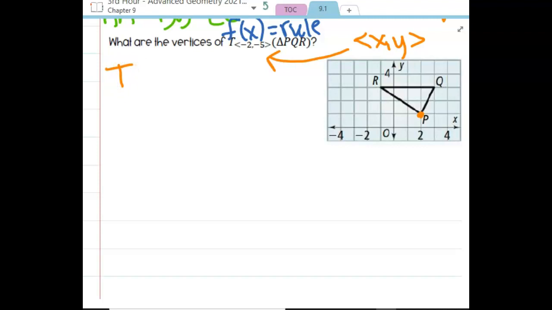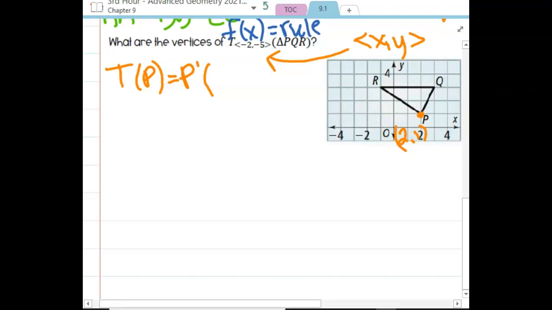We are going to translate point P. When I translate point P, it is going to map to point P prime. Now to get P prime, I need to take point P, which is at the point 2, 1.